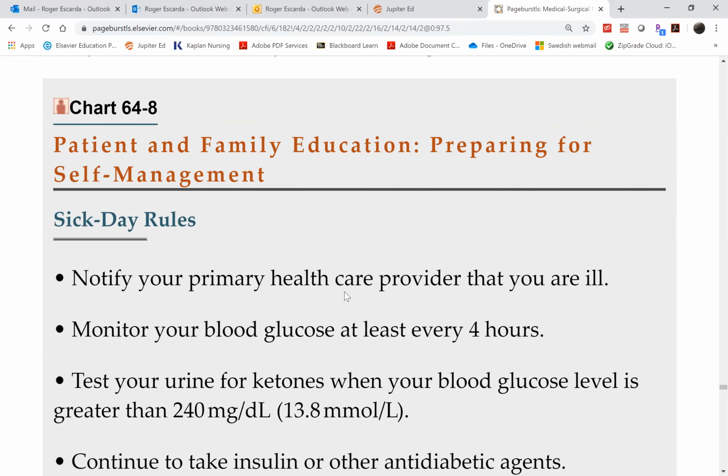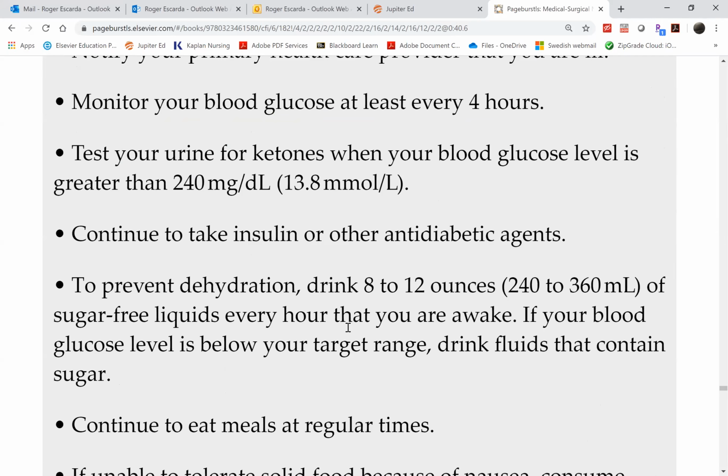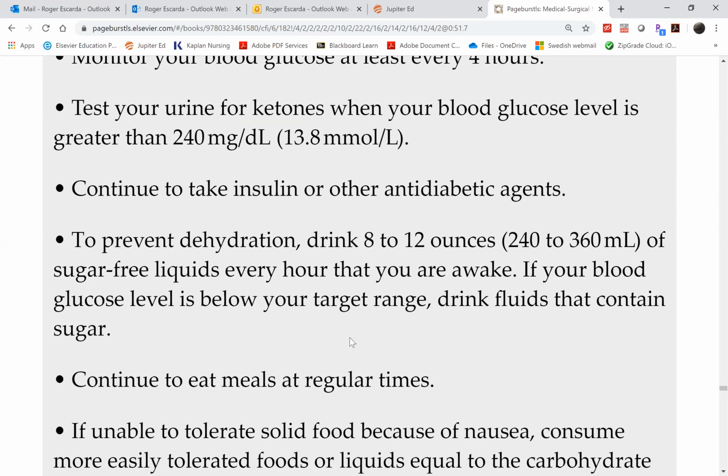Question on prevention. Some patients who are undereducated on diabetes, the common belief is if I'm not eating, of course my sugar will drop. Is that true? Not always.